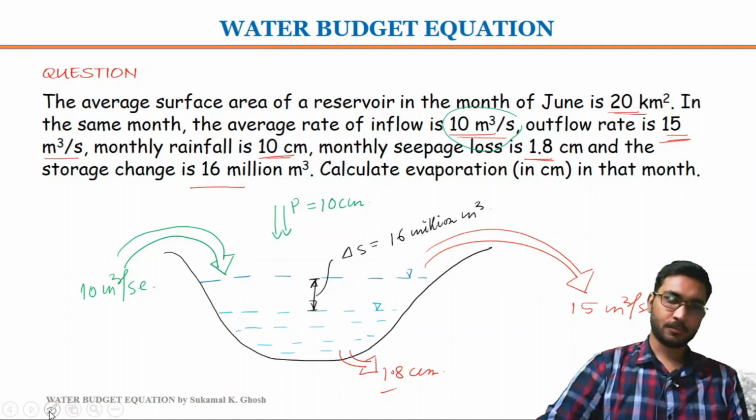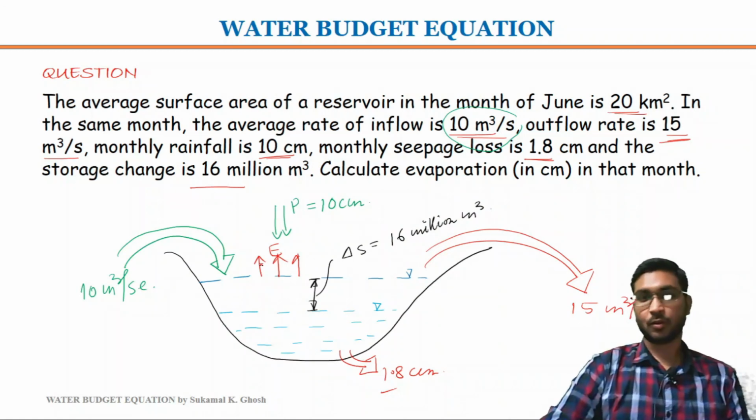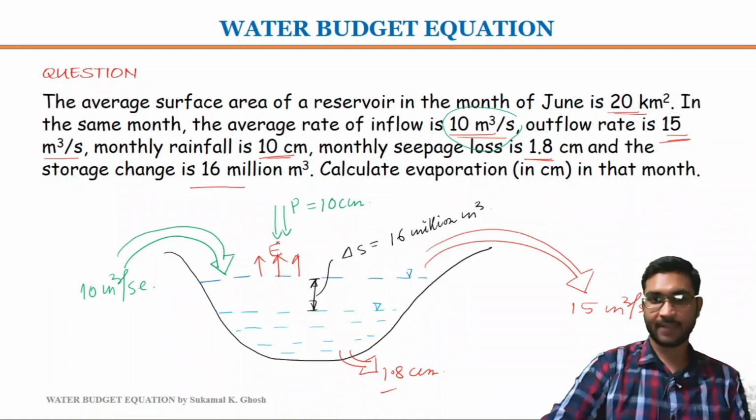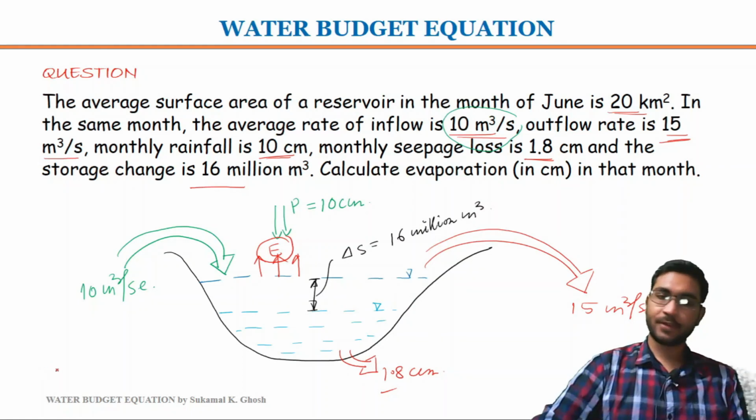Also some amount of loss will be there from evaporation. So the problem has asked us to calculate this evaporation, this E value. How can we calculate this? Let's see.